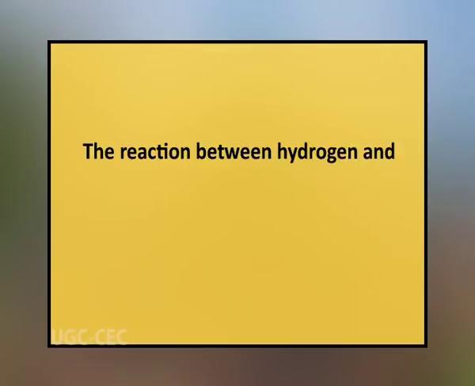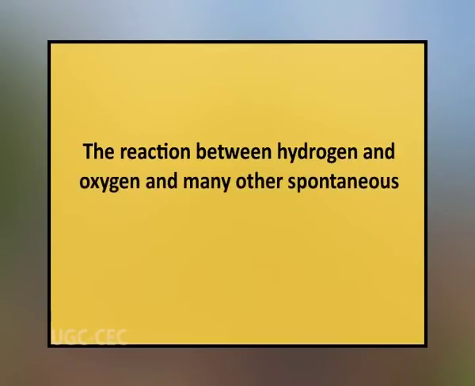The reaction between hydrogen and oxygen and many other spontaneous reactions are exothermic. So, we can assume that one of the driving forces that determine whether a reaction is spontaneous is a tendency to give off energy. However, there are also rare endothermic spontaneous reactions.